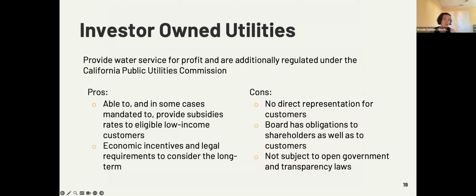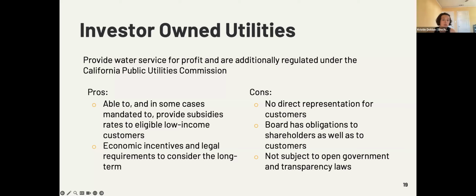The board may have economic incentives and legal requirements to really think long-term in the provision of water services. But there are downsides, one of which we already discussed is the lack of direct representation for customers. And the board of the investor-owned utility has obligations to shareholders in addition to customers, right? Sometimes we think of it as dueling priorities: profit and water service.